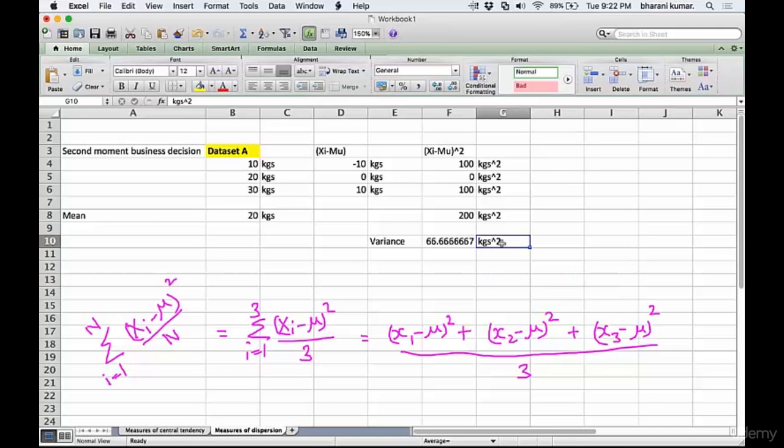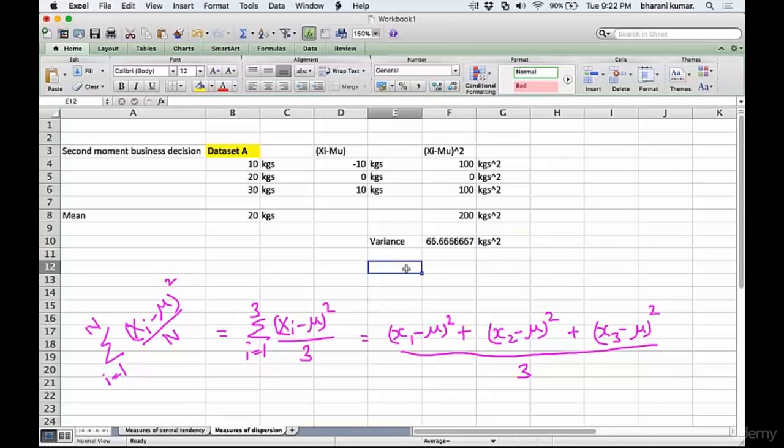If I ask you all on what is the variation of the weights of the students of this class, and if you say it is 66 kgs square, it doesn't make sense. If I ask you on what is the variation in the salaries of the employees of your department, and if you say it is $1,000 square, it does not make sense, right?